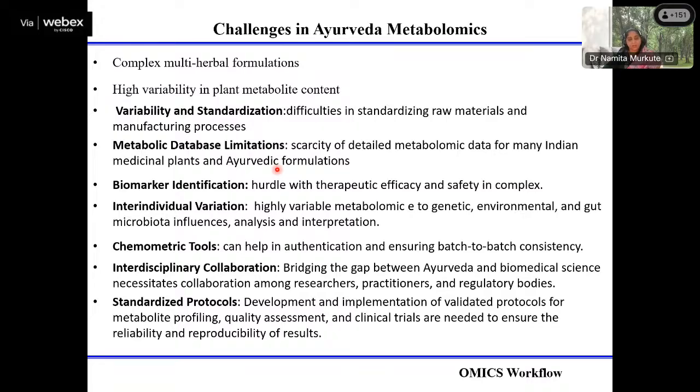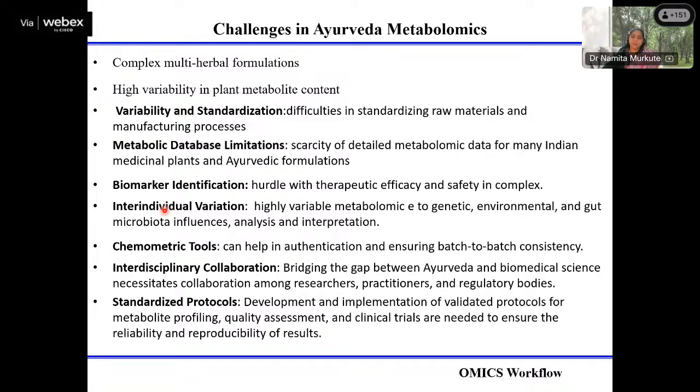If your sample has that particular metabolite but it is not present in the database, you are not able to identify it. So this is the real challenge: to identify novel metabolites or novel chemical compounds and incorporate them into the databases. Biomarker identification.